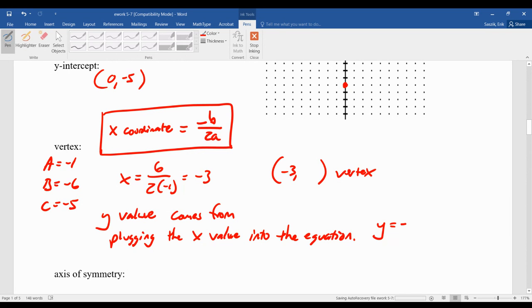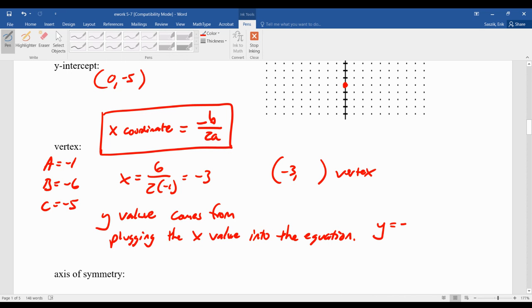All right, so now we're going to take that -3 and replace it. Replace the x with that. -6, plug in the -3 for x, -5.